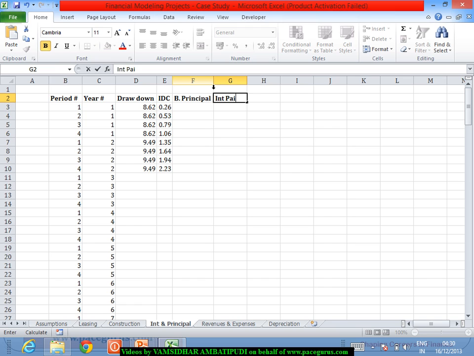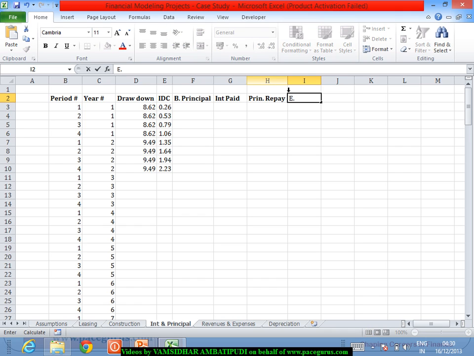Similarly, I will have principal repayment, and ending principal outstanding. So these are the four elements I am more interested in, and I have to bring in more and more consistency in the process.